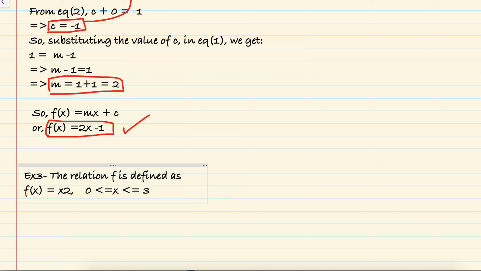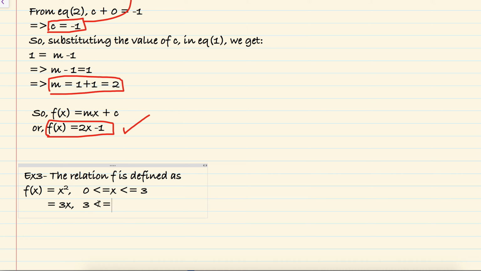X can also take the value of 3, less than or equal to 3 and greater than or equal to 0, and equal to 3x, so this is x square, when x is between 3 and 10.